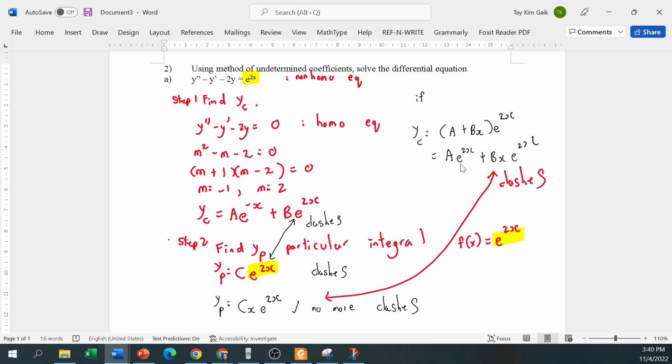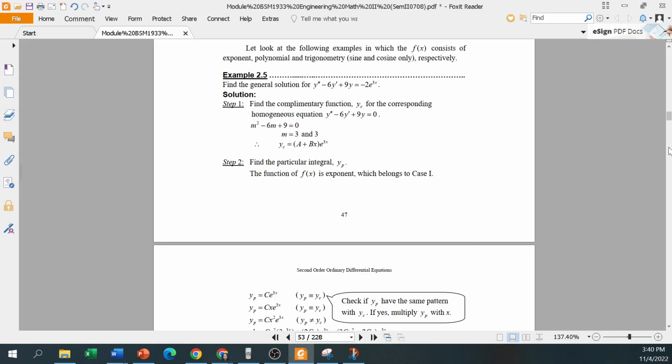Let me give you this example of the clash. You see this example 2.5.